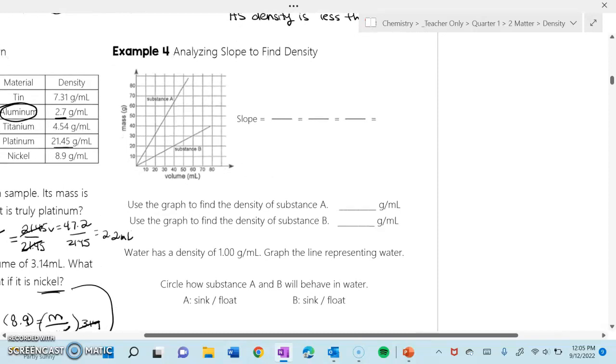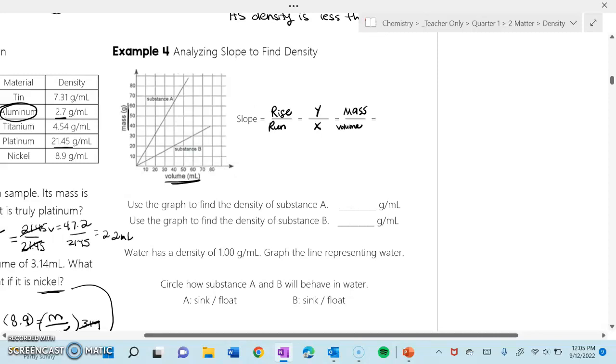Again, using some algebra skills, remember that slope is defined as rise over run. And on a graph, rise are all of your y values and run is all of your x values. In this graph, our y values are mass and our x values are volume.